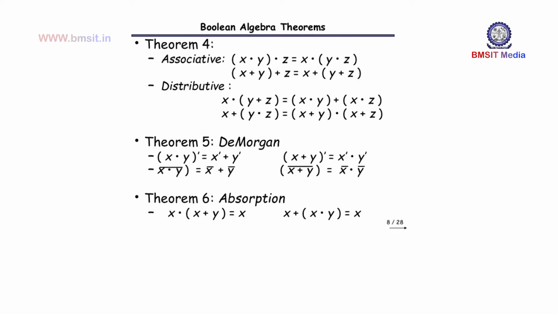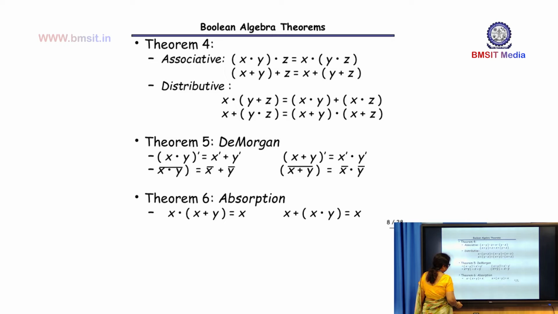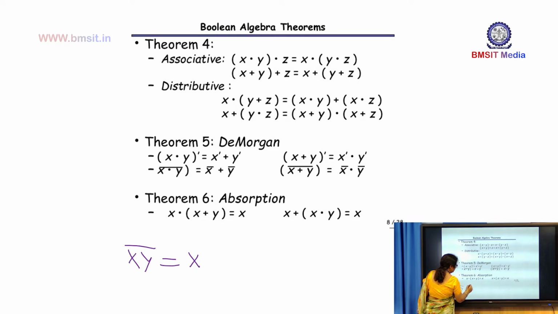Next theorem is De Morgan's theorem. We have two statements here. According to the first statement, the complement of the product of two variables can be expressed as the sum of the complements, that is (xy) bar is equal to x bar plus y bar.